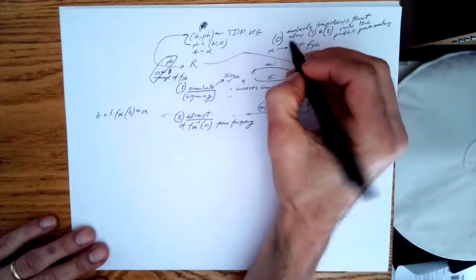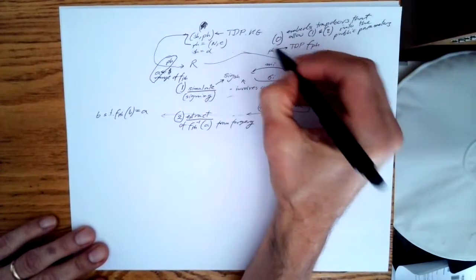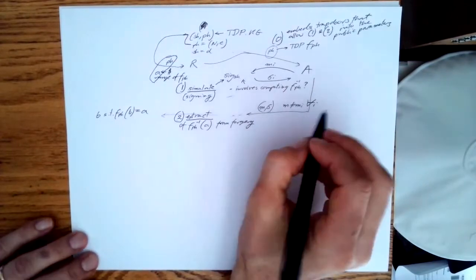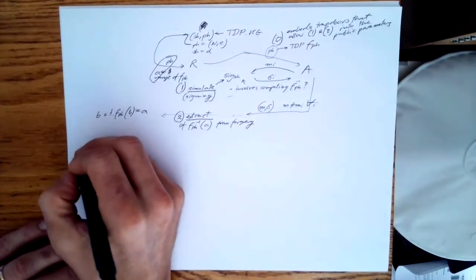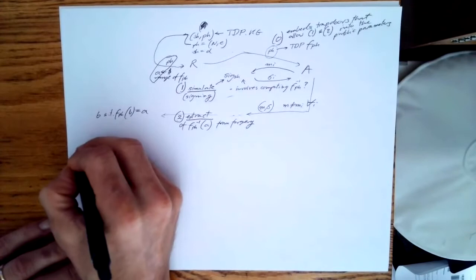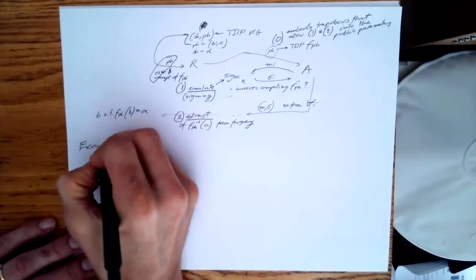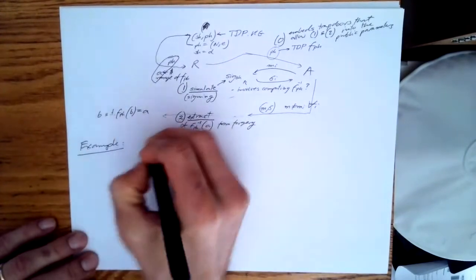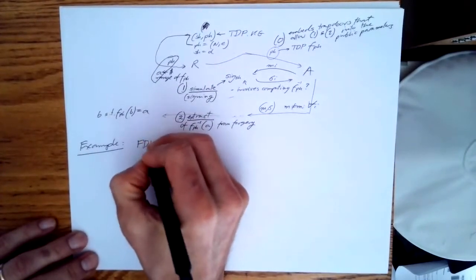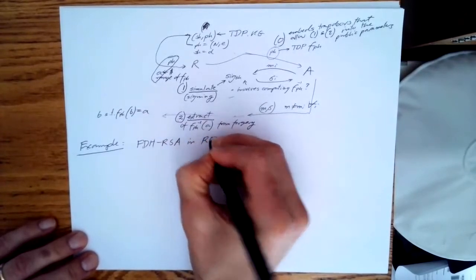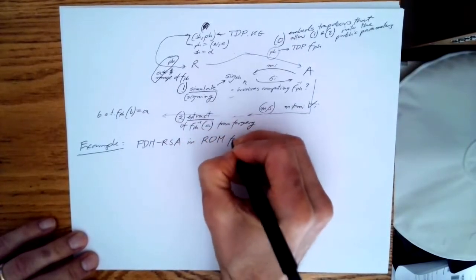Okay, but what other parameters does A get except for the public key, right? So let's see what has happened. The example we have seen is the full domain hash RSA in the random oracle model for the hash.